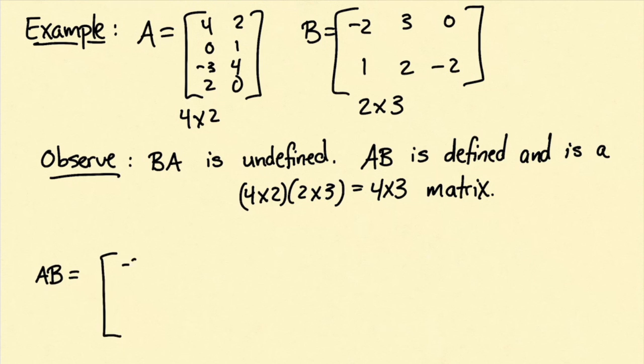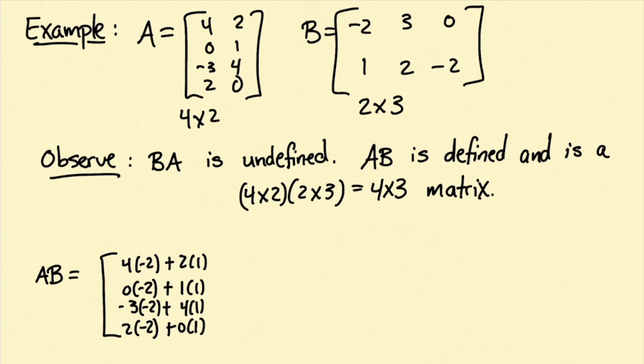In the first row, 4 times minus 2 plus 2 times 1. In the second row, 0 times minus 2 plus 1 times 1. In the third row, negative 3 times negative 2 plus 4 times 1. And in the fourth row, 2 times negative 2 plus 0 times 1.